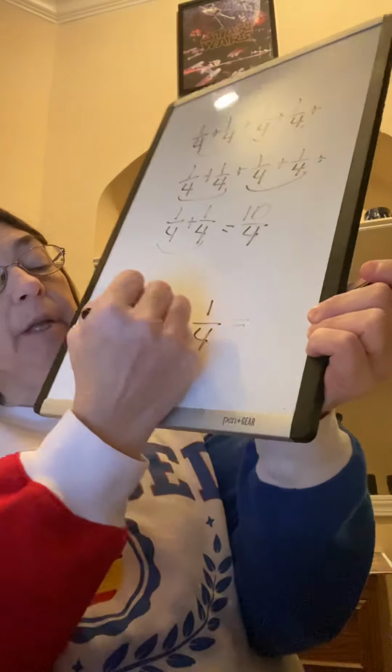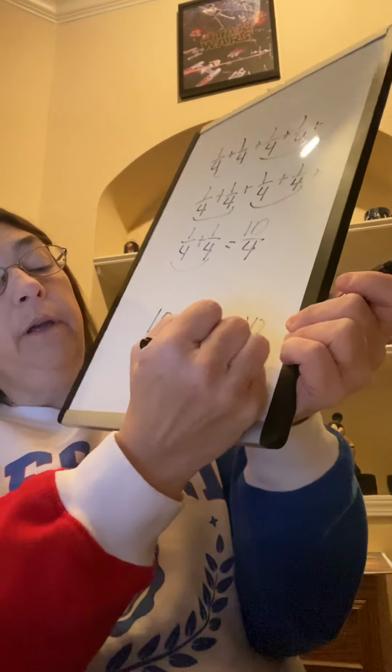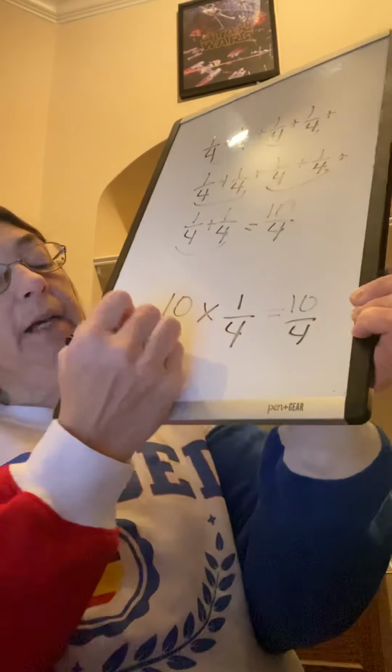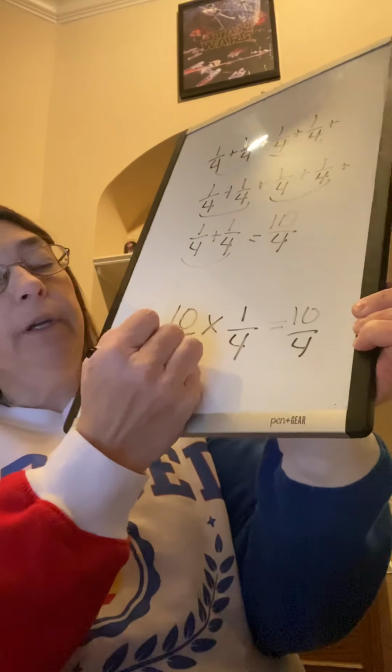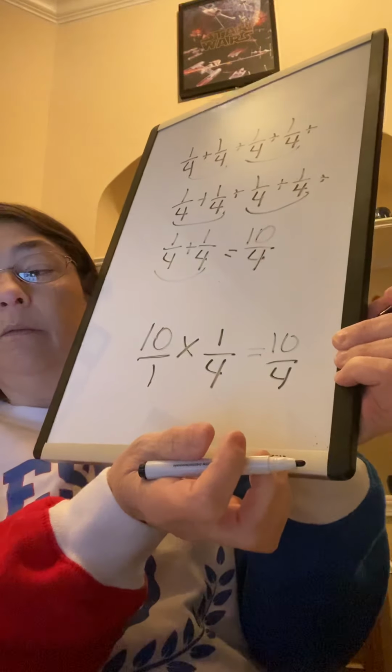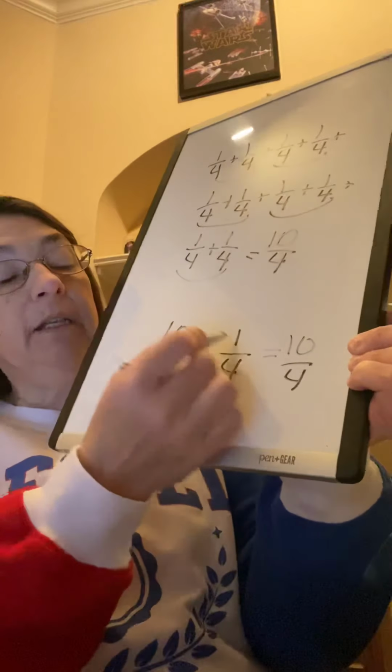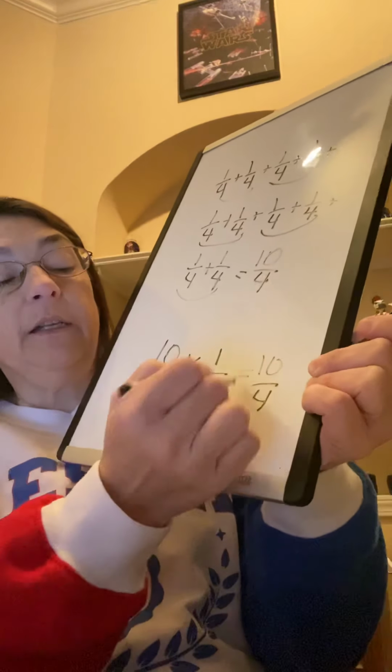Now, I multiply the 10 times the 1, and the 4 stays the same. Because technically a whole number is over 1. So it'd be 10 times 1, 1 times 4. So I get 10 over 4.